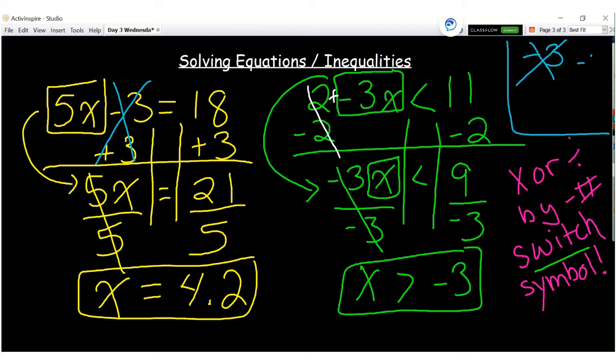But it could include negative 2. Negative 2 is greater than negative 3. 0 is greater than negative 3. Any positive number, 7, I don't care if it's 86, anything greater than negative 3 would work as a solution. And that's why we practiced graphing when we were working on this unit.